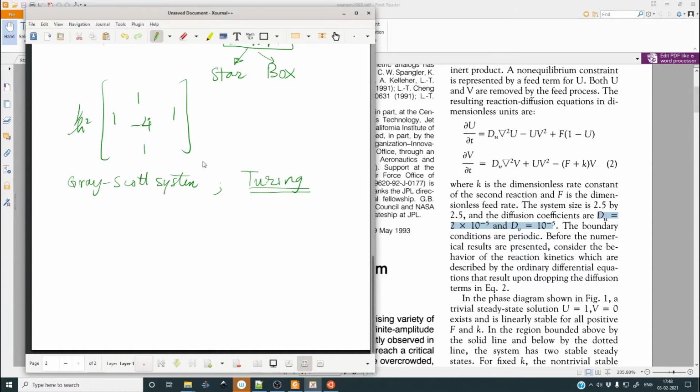So Alan Turing also studied such kinds of systems, and the general submatrix. So this is the differentiation submatrix. And the differentiation submatrix for a better discretization would be this.